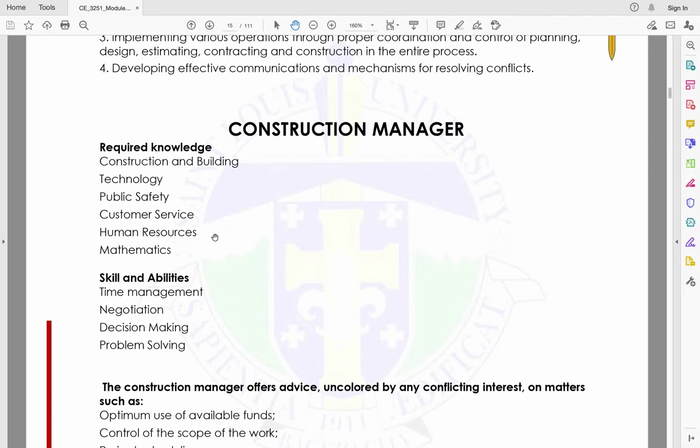Next is human resources. Why do we say human resources? First, you need to choose people that will be doing the said job. Okay. Next is another part of human resources is that you will be handling people.